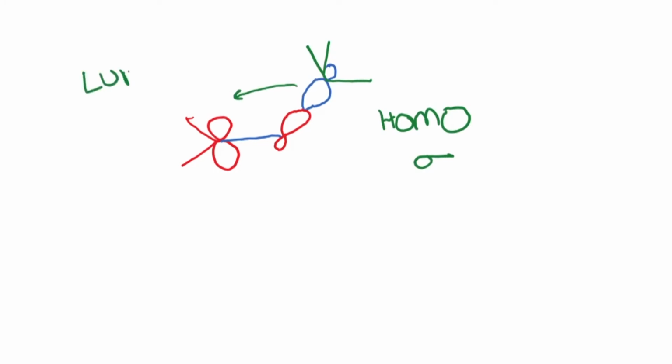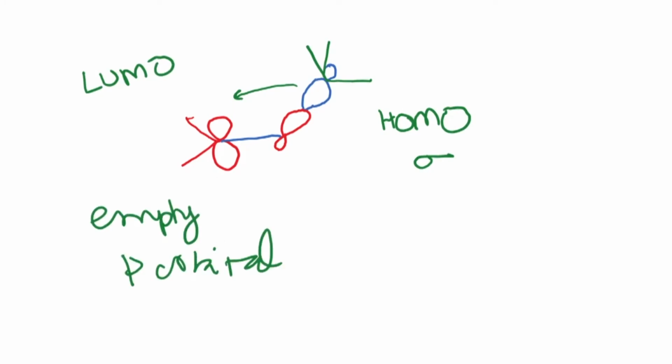So this is the way the orbitals are denoted, and you have the 3 hydrogens over here. And so what ends up happening is the HOMO, the highest occupied molecular orbital of the sigma bond, now migrates to the LUMO, which is the empty p orbital.